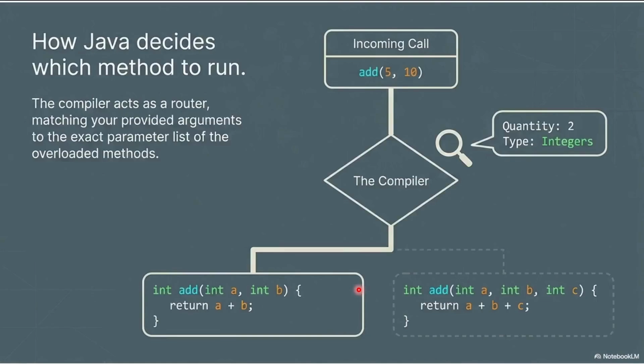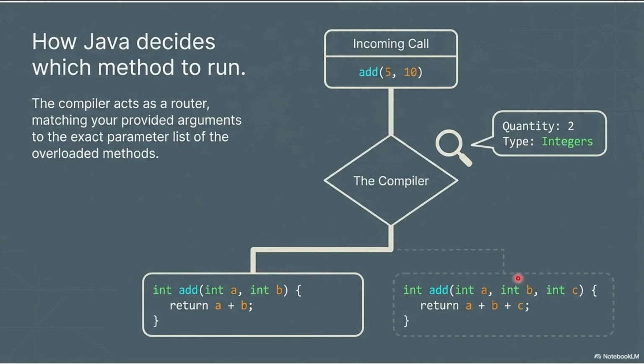Okay. Then how does Java decide which method to run? The compiler acts as a router, matching your provided arguments to the exact parameter list of the overloaded method. So incoming is like we give a call to the function. There are two arguments over here. The compiler decides, okay, the quantity is 2, the type is integer.